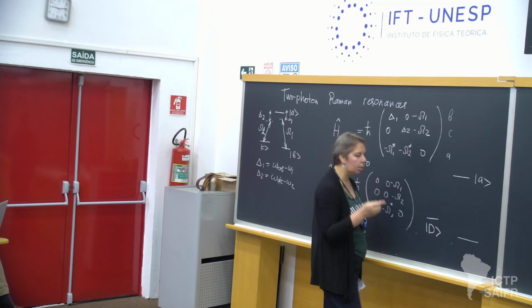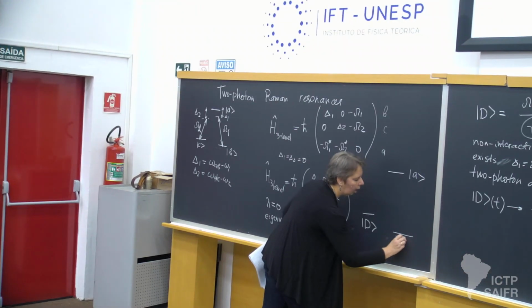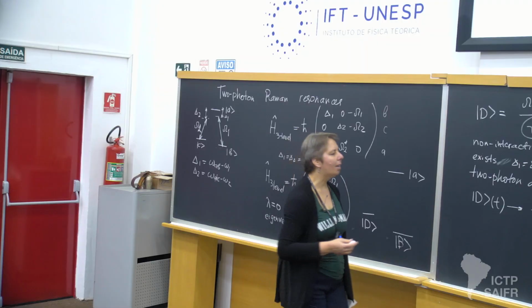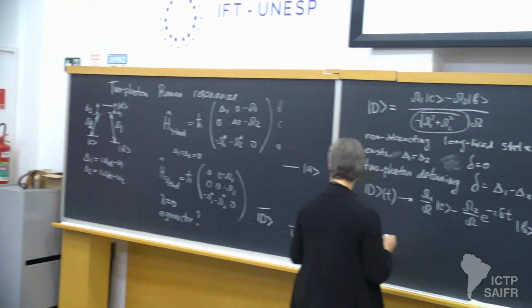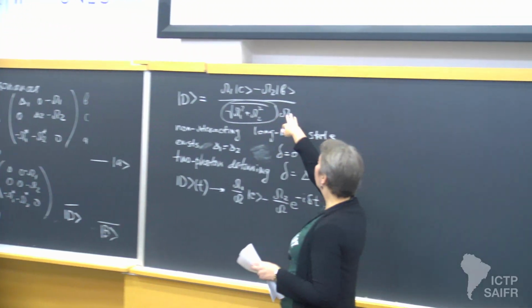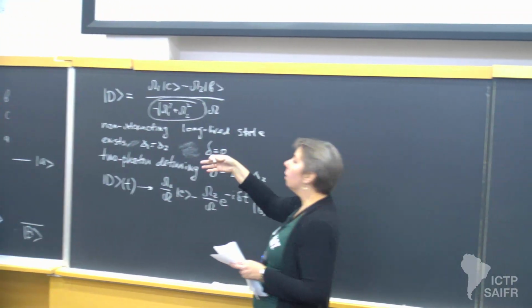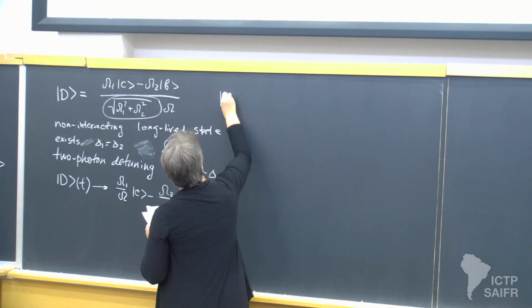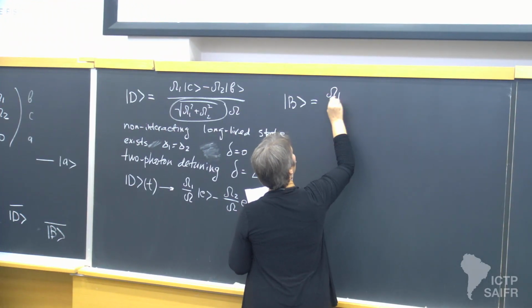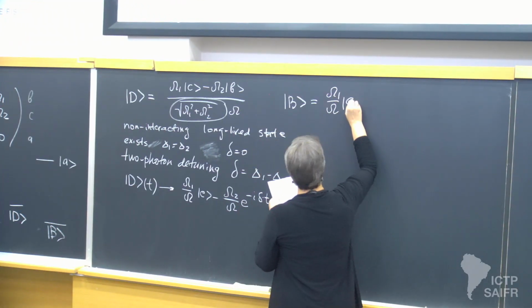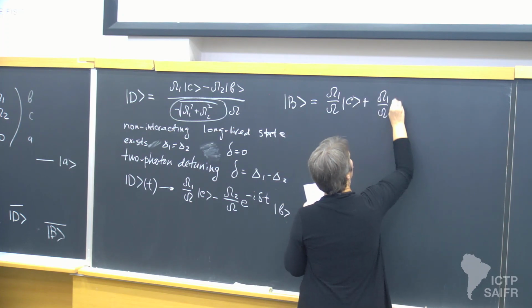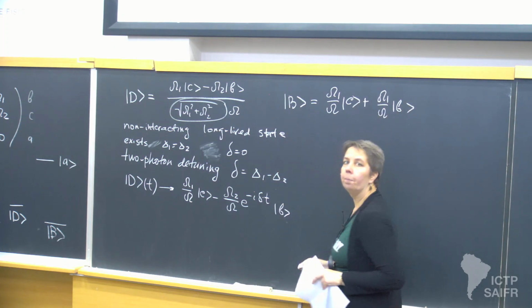What is the other basis state? It's called the bright state. That already gives you the idea of where we're going with that. It's very easy to look at the dark state and figure out which state is normalized and orthogonal to it. So the bright state is Omega 2 Omega, state C, plus Omega 1 Omega, state B.